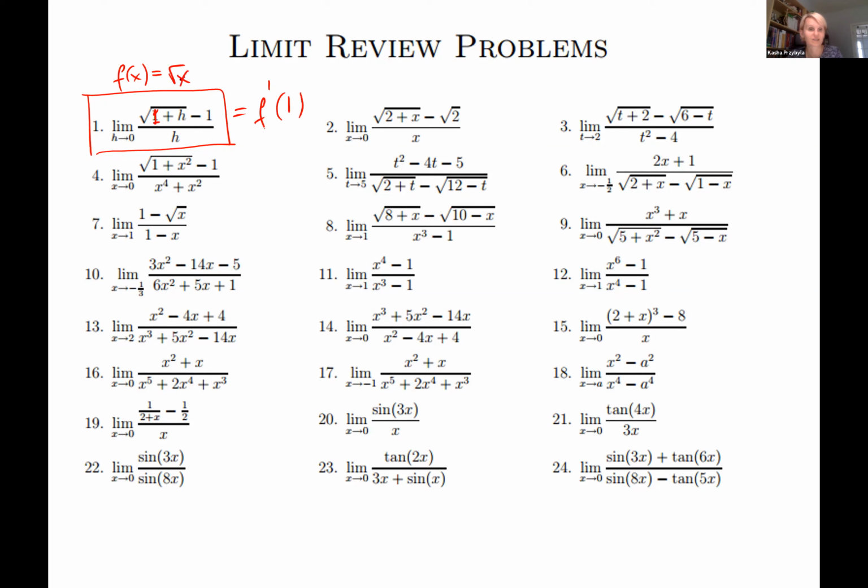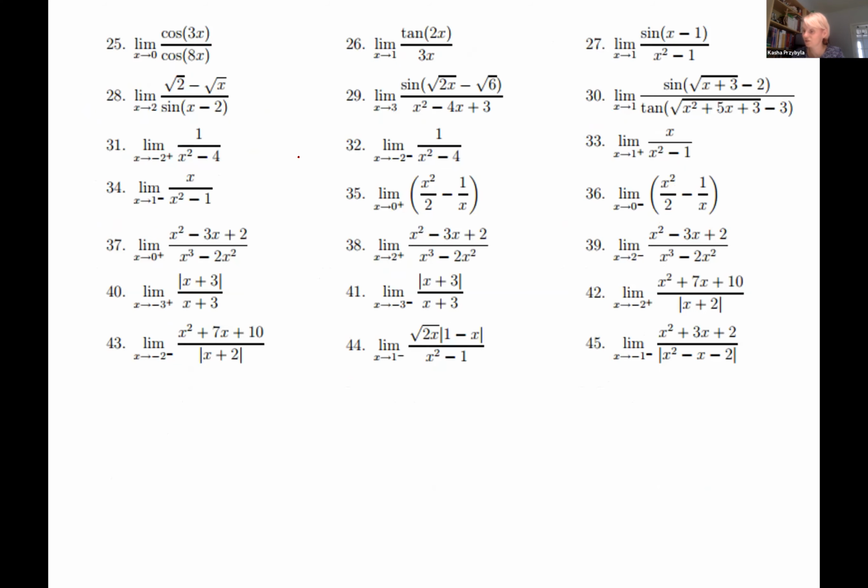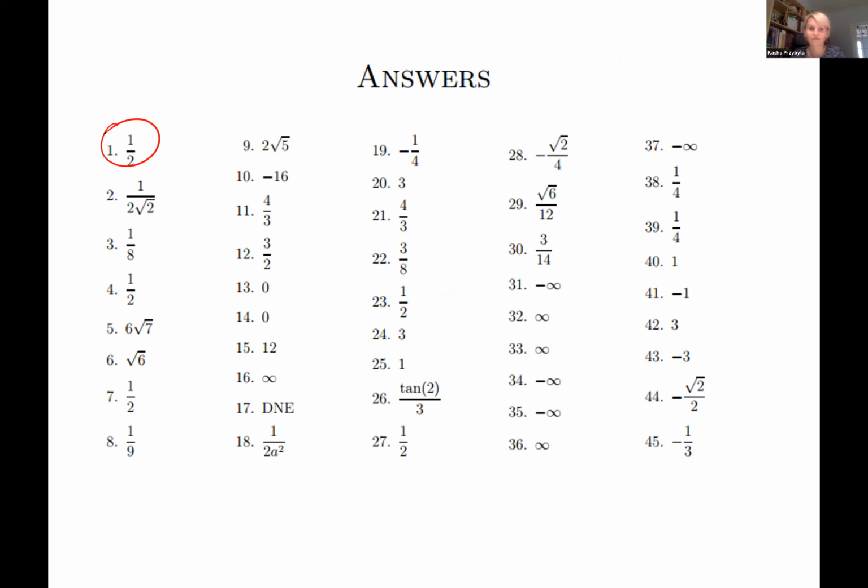This is definitely the limit definition of the derivative of the function square root of x at the point 1. And I know the derivative of the square root of x is 1 over 2 square root of x, and I can substitute 1 and get 1 half. We can even check. The answer is 1 half.